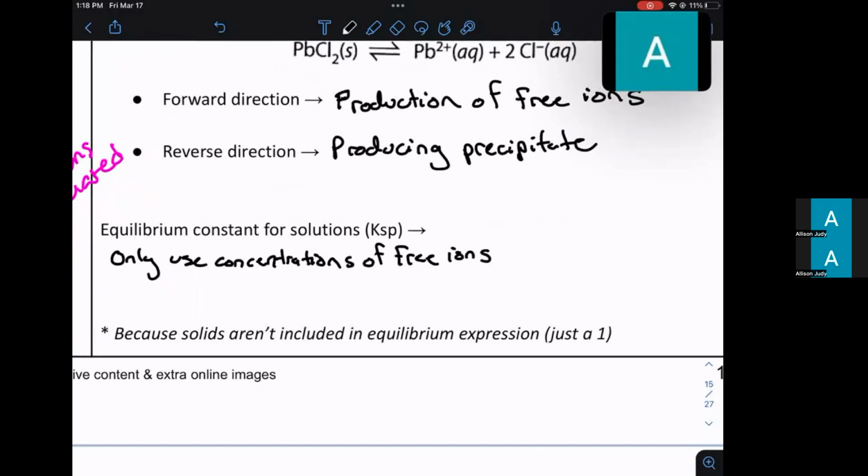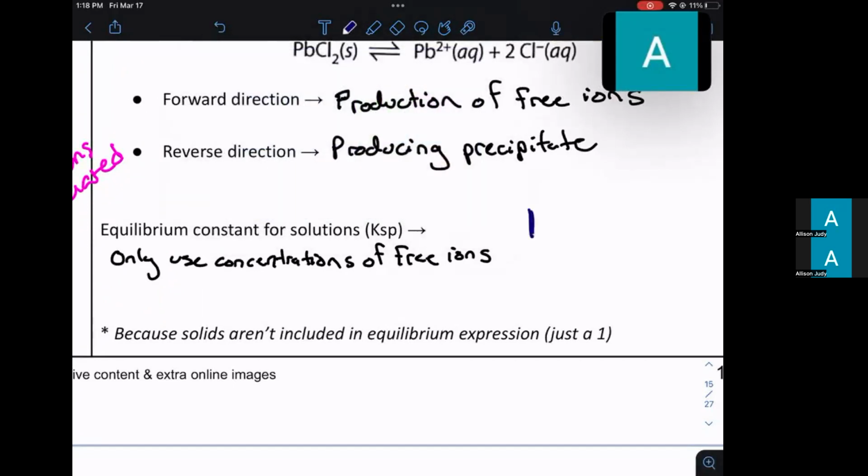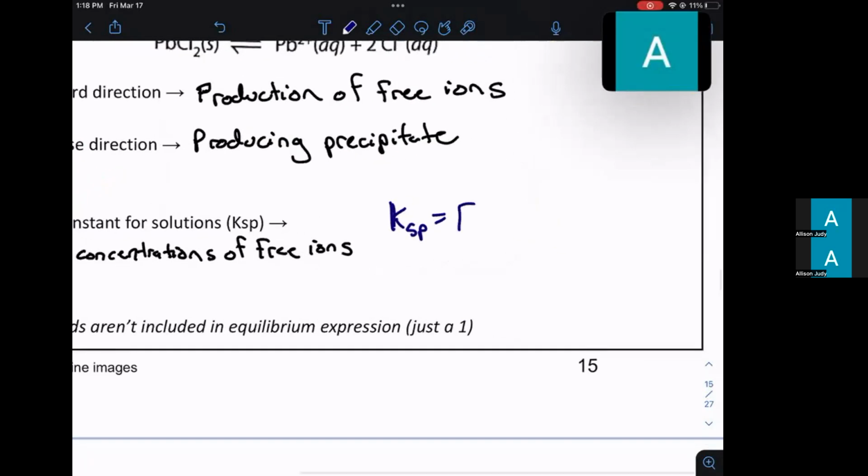It doesn't have a concentration because it's a solid. So your expression will look something like Ksp equals the concentration of ion A to its stoichiometric ratio times the concentration of ion B to its ratio.